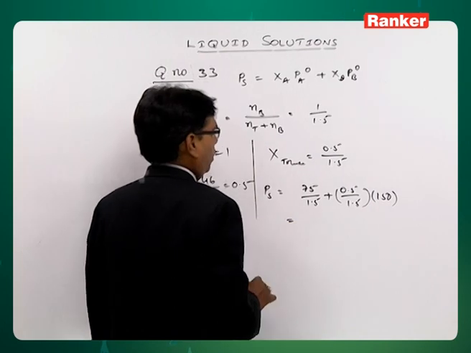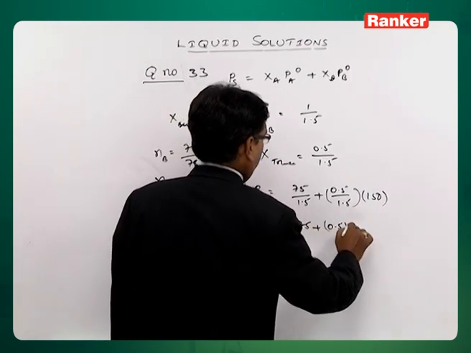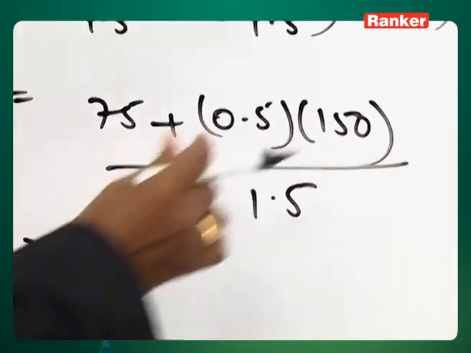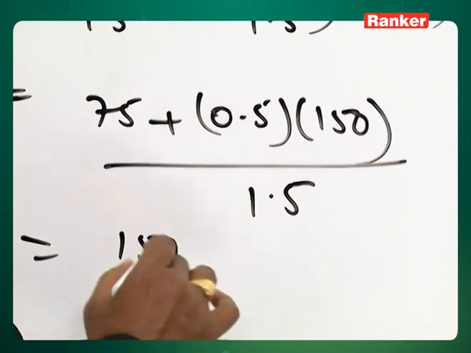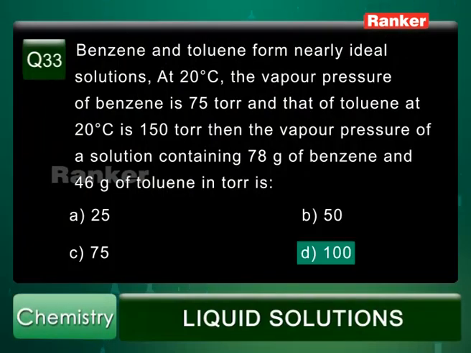This is equal to (75 plus 0.5 into 150) by 1.5. So, 0.5 into 150 is 75. 75 plus 75 is 150, and 150 by 1.5 is 100. So, the vapor pressure of the solution must be equal to 100. So, the correct answer must be option D.